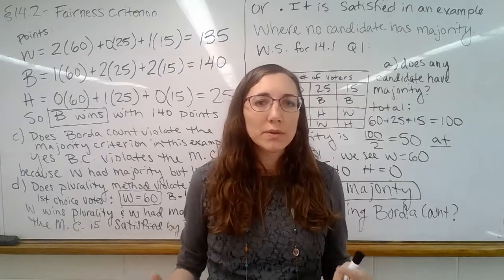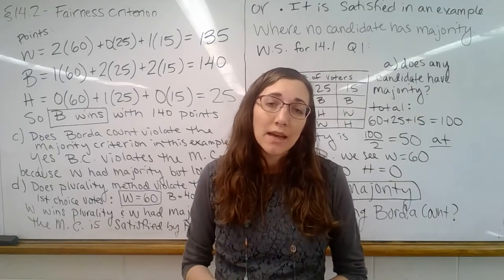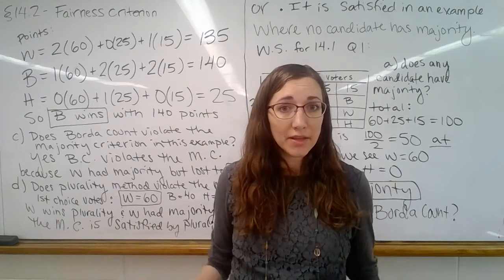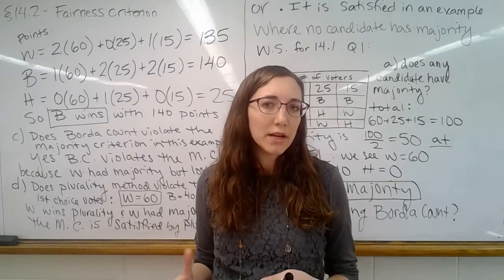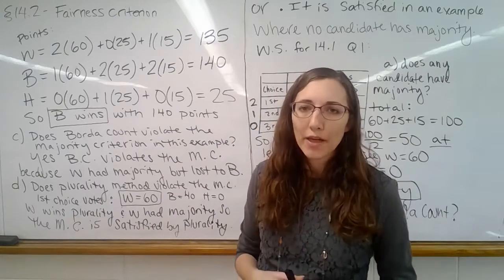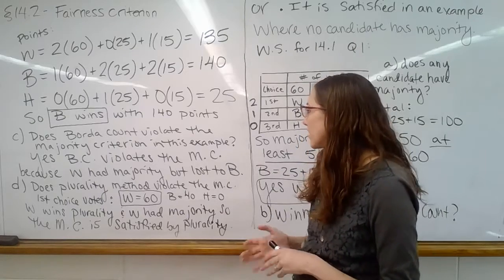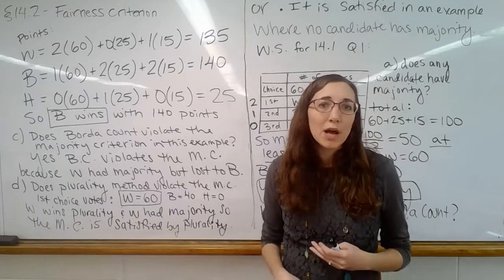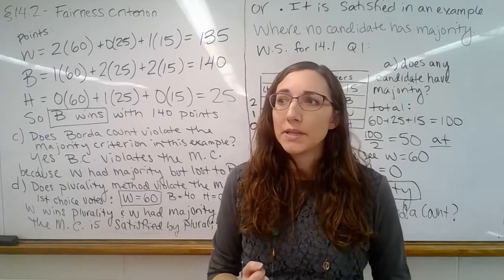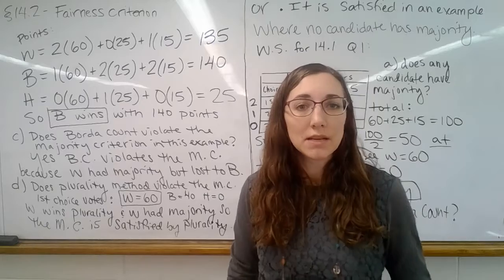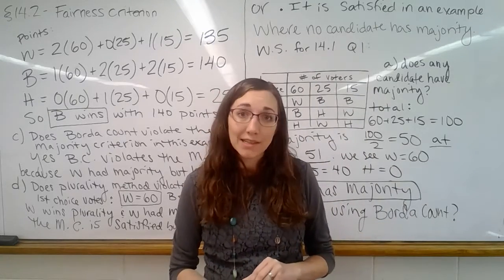So what we're doing is really looking at this idea of trying to analyze and critique different voting methods. We're seeing this flaw, if you will, in the Borda count method, or at least a potential flaw that you could view it as, and we saw similar things with plurality last time, where plurality potentially declared someone a winner who the majority of people put last on their ballot.